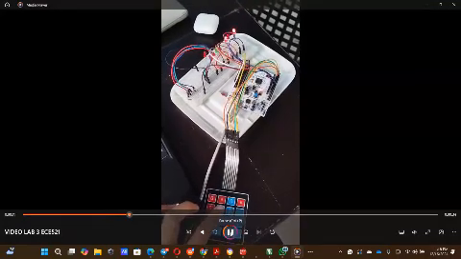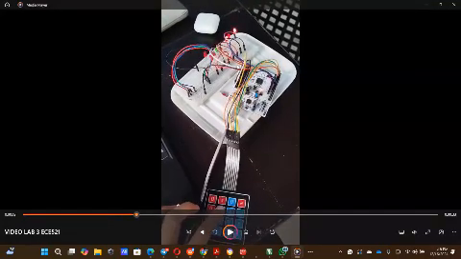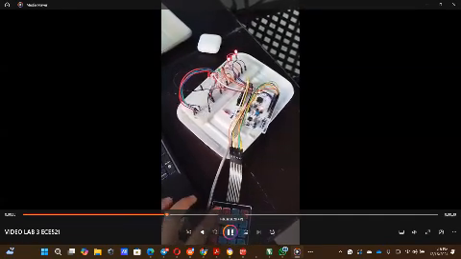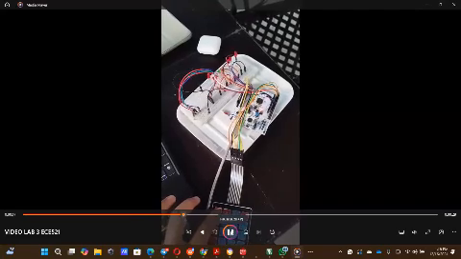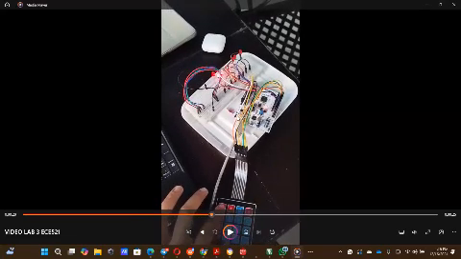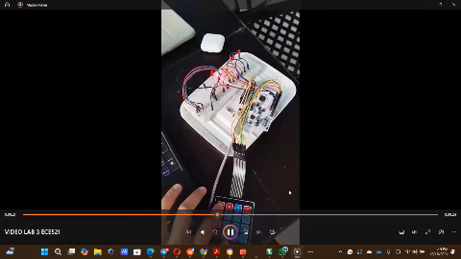Then I press 9, so I have blinking with a 0.5 second delay for LED 3, LED 5, and also LED 7. And then lastly, when I press the button, LED 1, 2, and 4 will blink with a 5-second delay.